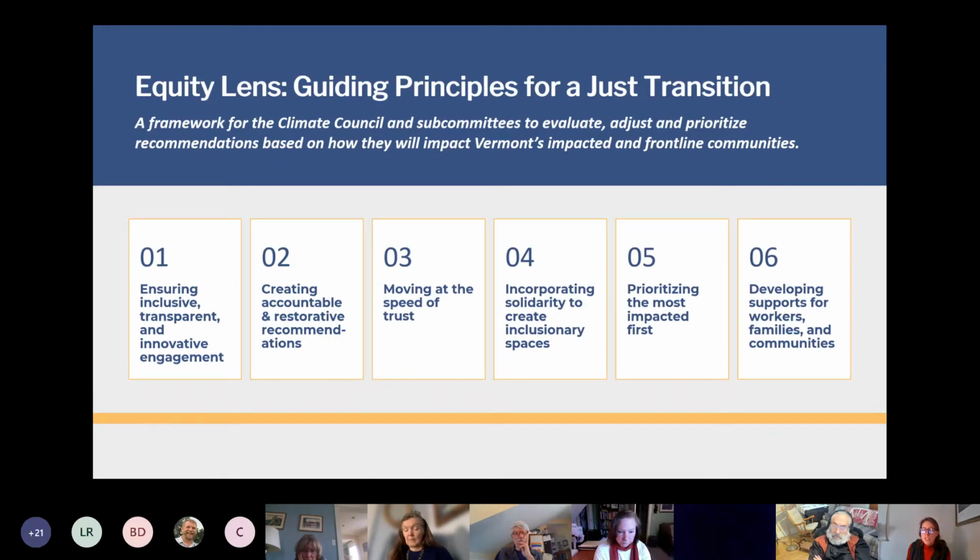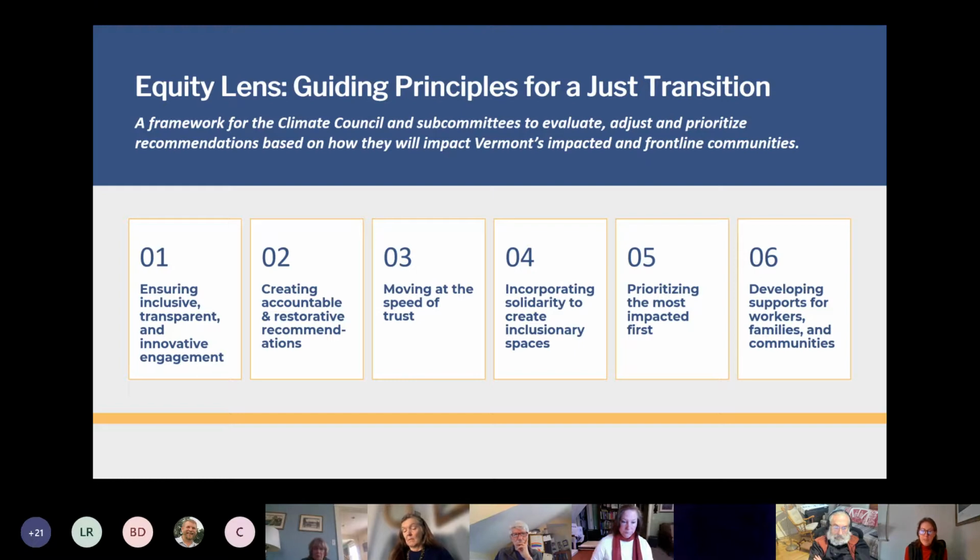Now, before I jump too much into the details of what's actually in the Climate Action Plan, we do need to highlight and understand that not all people are equally impacted by climate change. And that understanding was really key to the Council's work as the CAP, or Climate Action Plan, was developed.